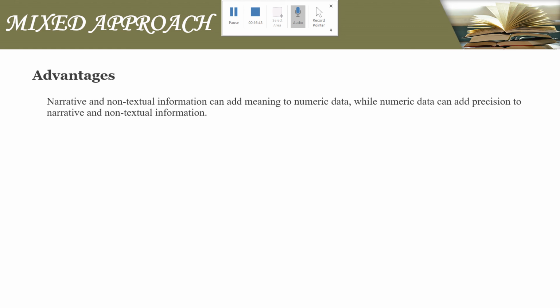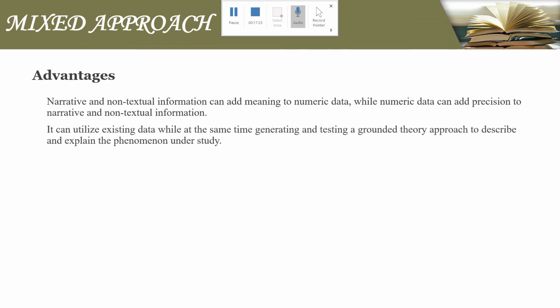Here, what we are trying to say is that when you conduct a qualitative study, that is the non-numerical data or the narrative and non-textual information, you can add quantitative data to give more precision to your results, and vice versa. When you conduct a quantitative research, you can also add narrative information or data to it to give the numeric data more meaning or to explain it.